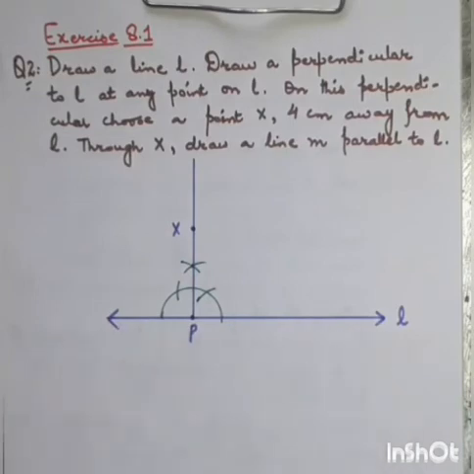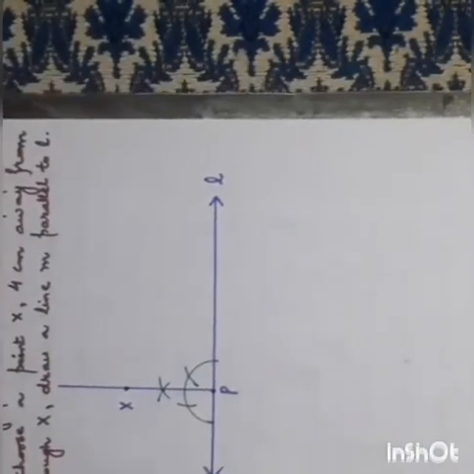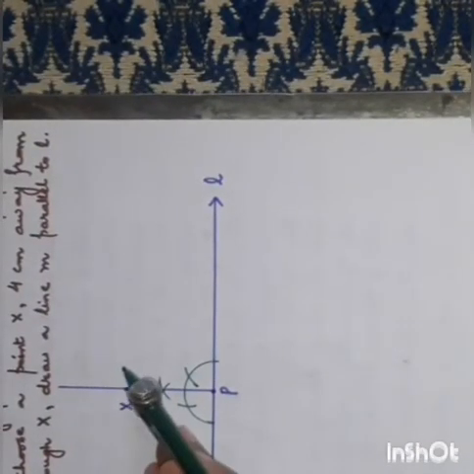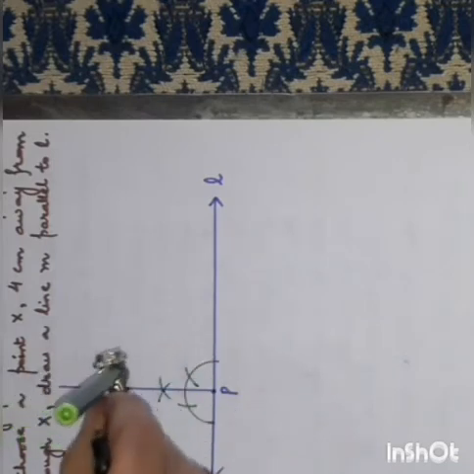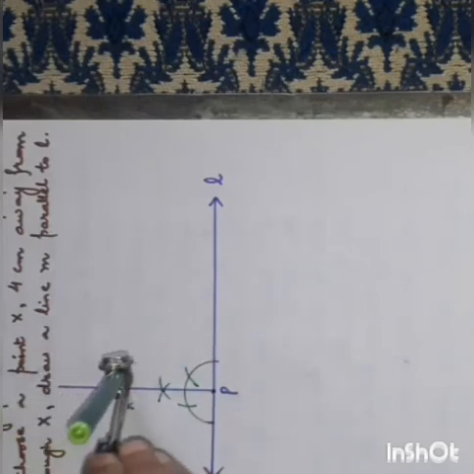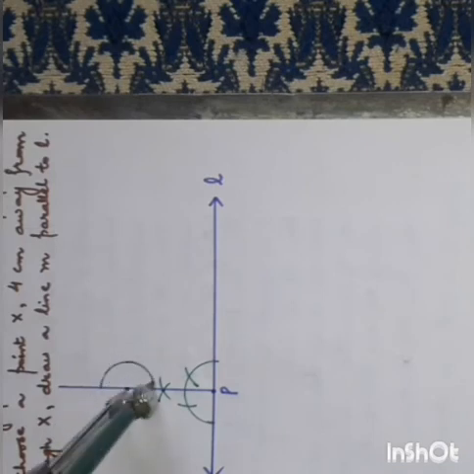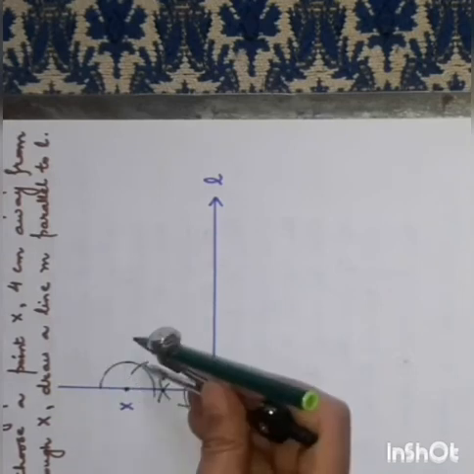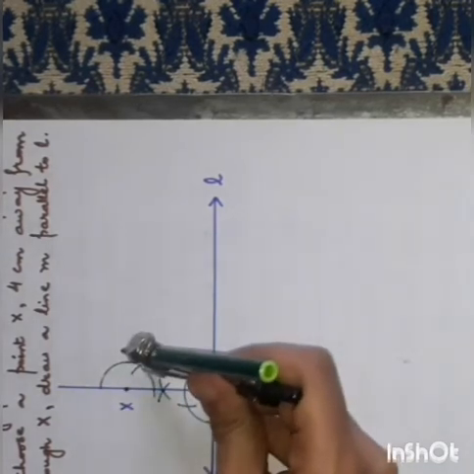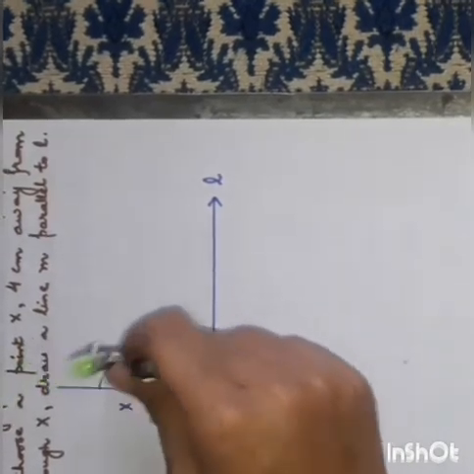So what I will do for this is I'll make a perpendicular here. Then with this as center, an arc here, and with this as center, an arc here and here.